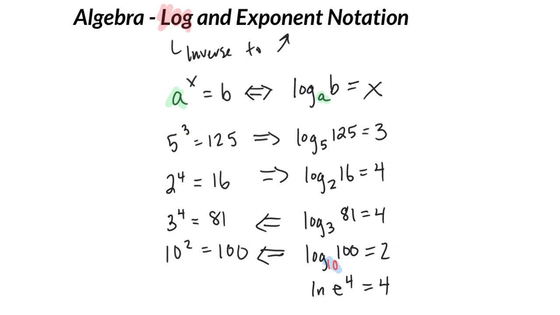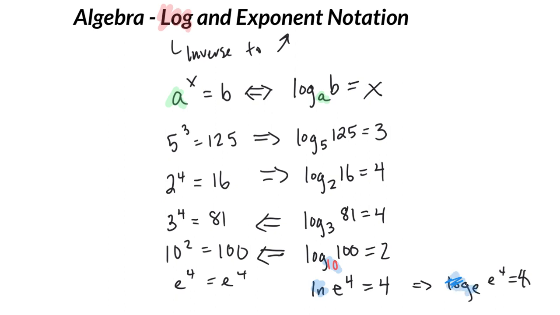The natural log is basically a shorthand way of writing log base e of, in this case, e to the fourth equals 4. Like that. So e to the fourth equals e to the fourth. So if you see natural log, that really is just log base e.